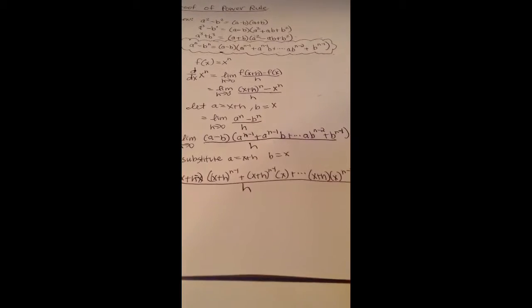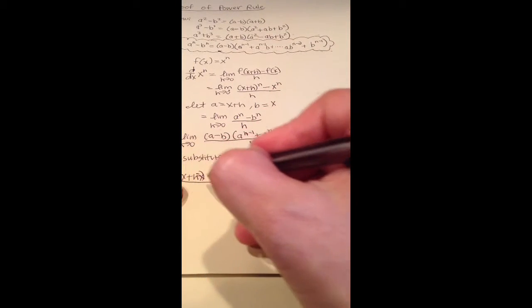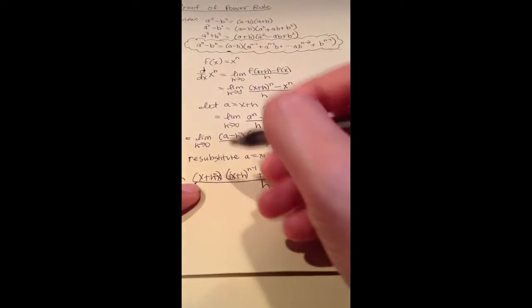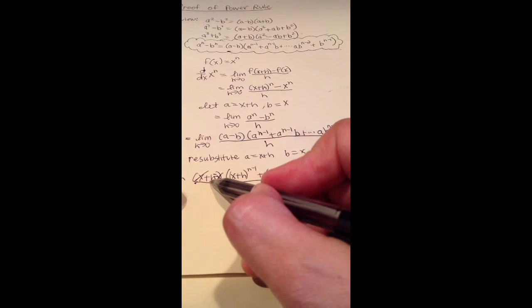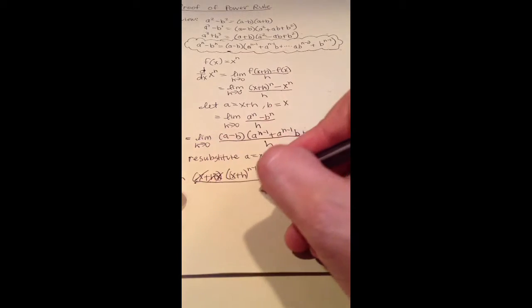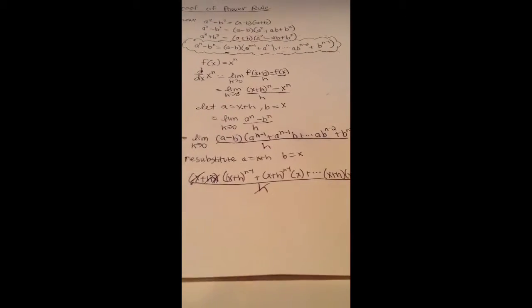All right, so in this first one, this was x plus h minus x. Okay, so x and x are going to cancel, so now I have an h out front. And the nice thing is these two h's are going to also cancel. So now I'm just left with this messy numerator.